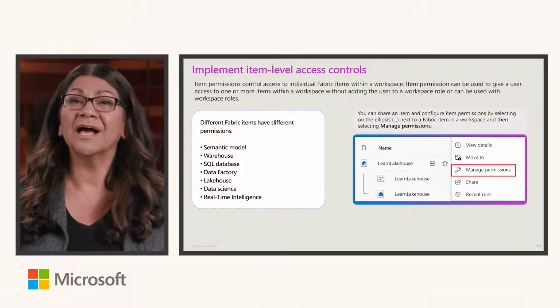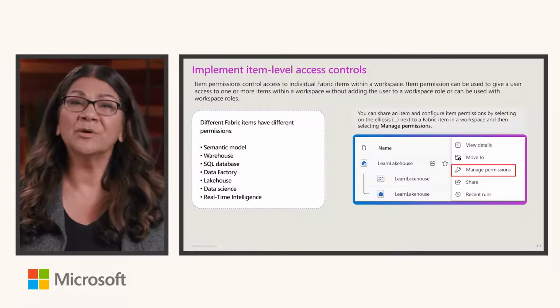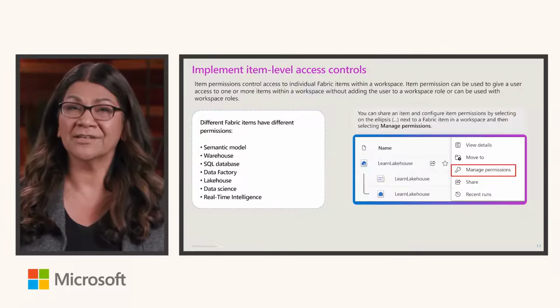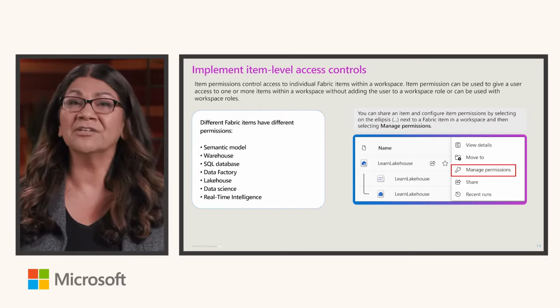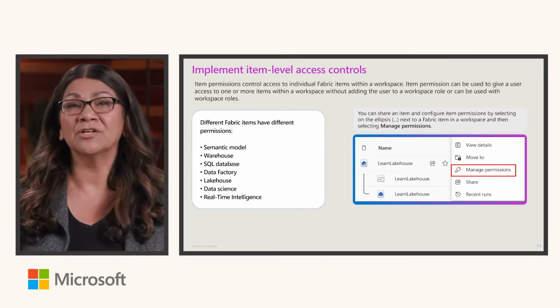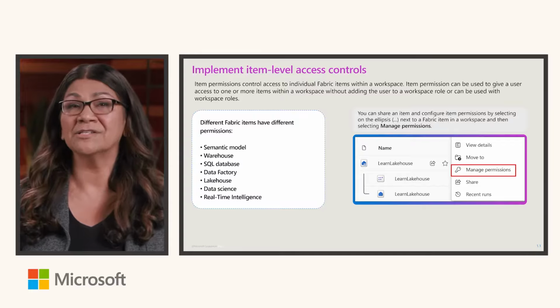Each Fabric item type may have its own unique permission set, so be ready to identify which permissions apply in different scenarios. For OneLake, permissions like read, read all, and write determine whether a user can view, write, or query data, and these are managed separately from workspace roles.